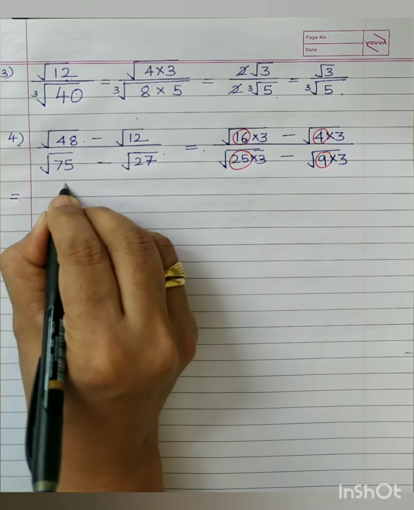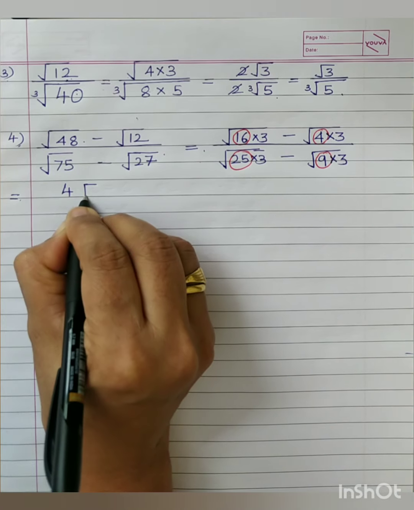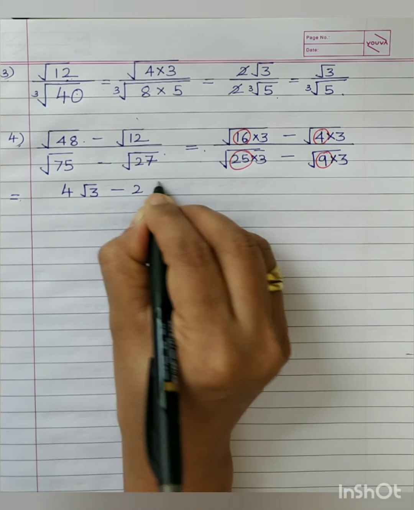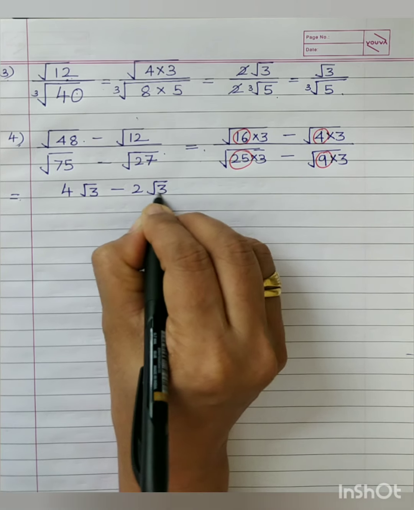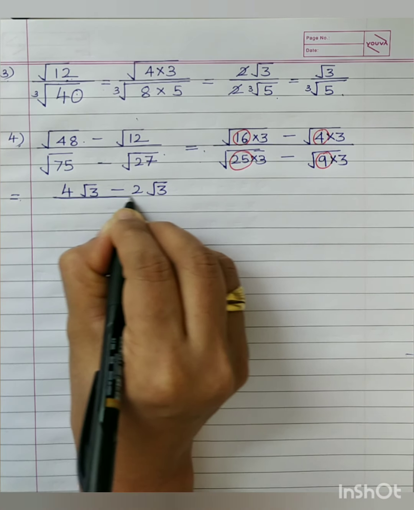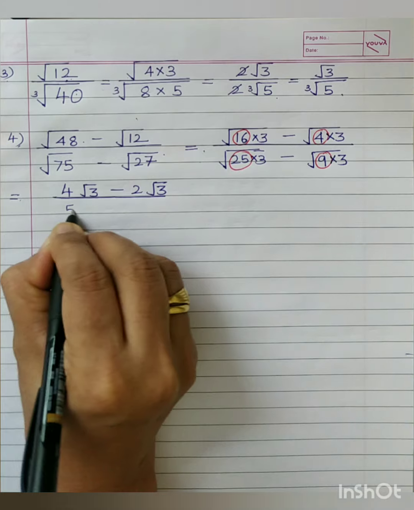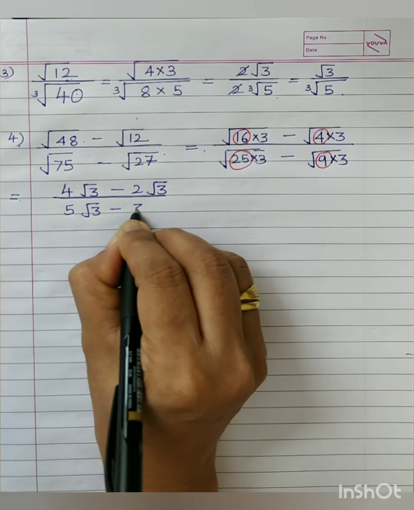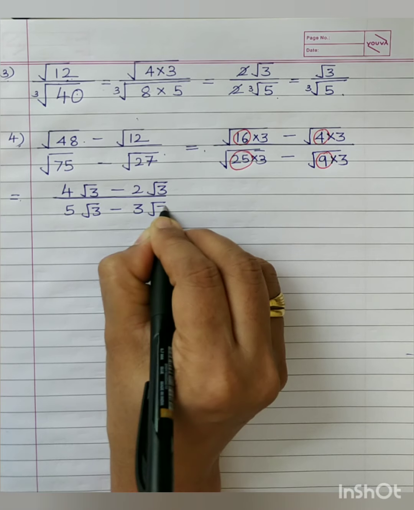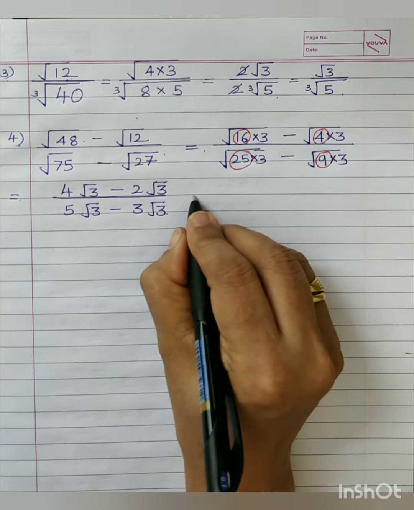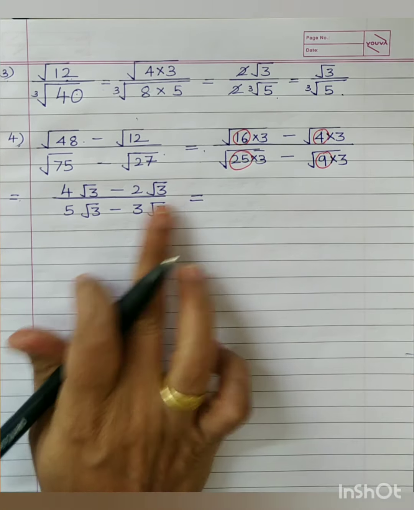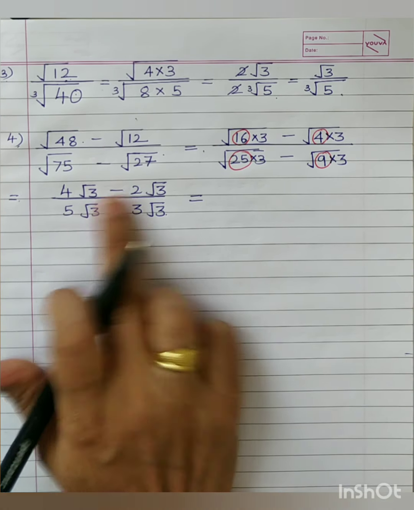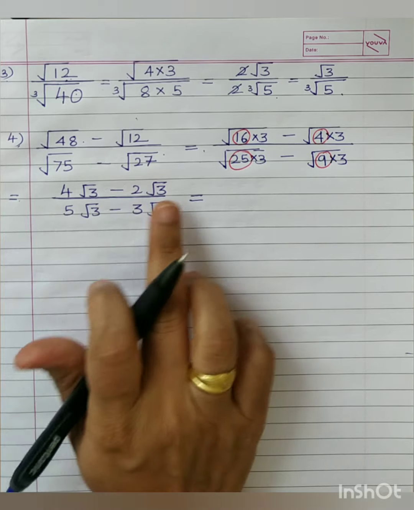So I write it as 4 root 3 minus 2 root 3, upon 5 root 3 minus 3 root 3. Now I have told you, you can think of it in two ways: 4 minus 2 times root 3 common, or directly like this.